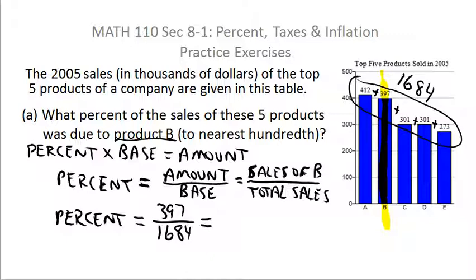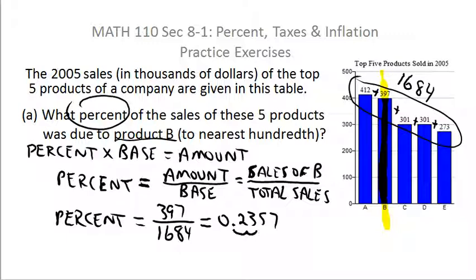We've practiced enough with the calculator for me to assume that you can do this with no problem. If you do that division, you get 0.2357. And remember, when you do the division, what you get is a decimal. They're asking for a percent.